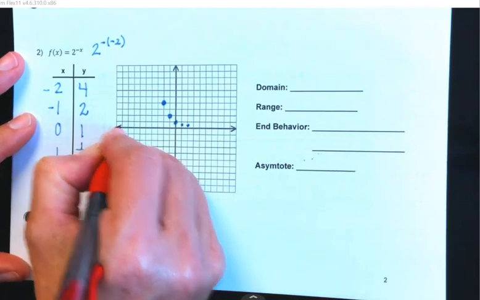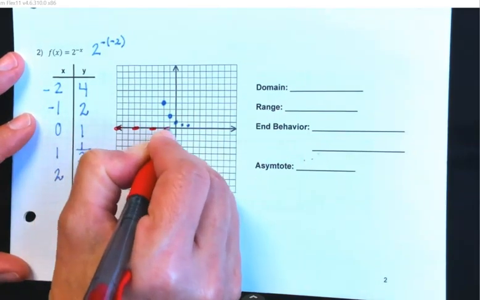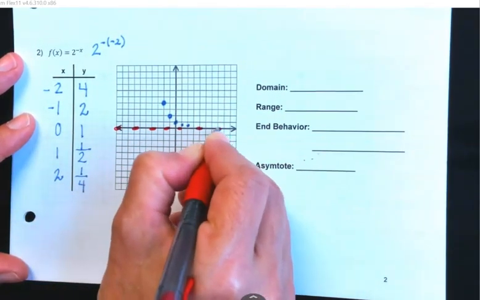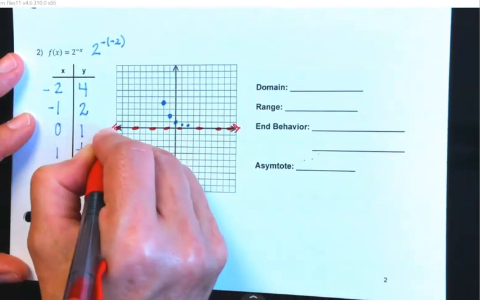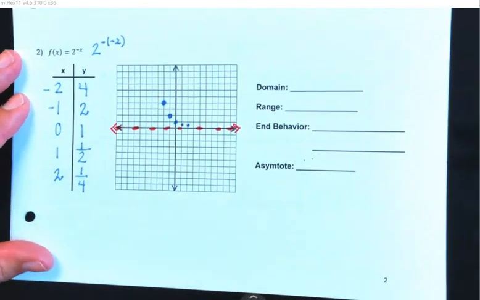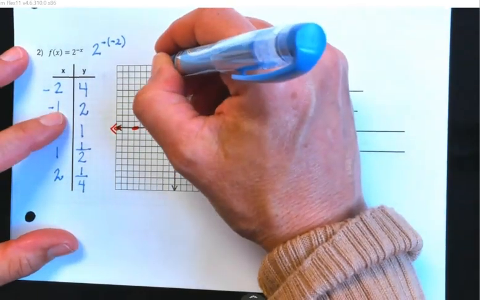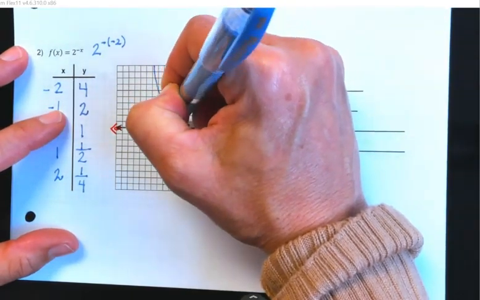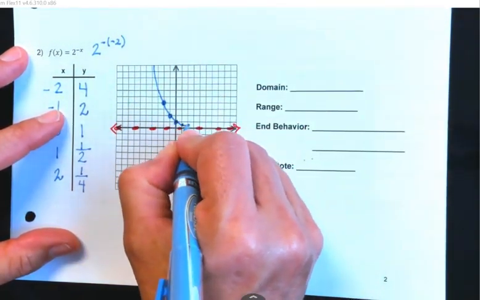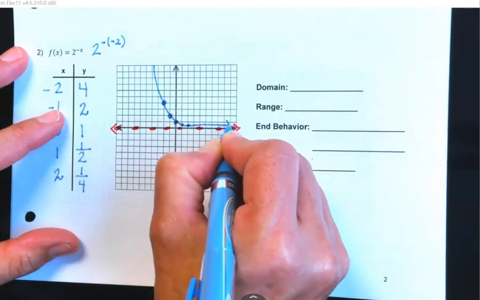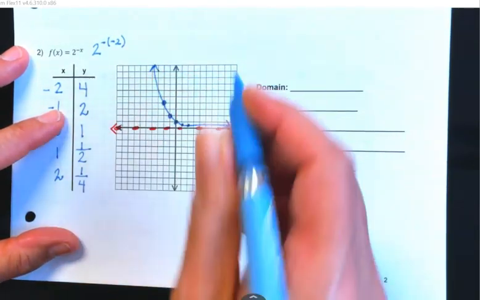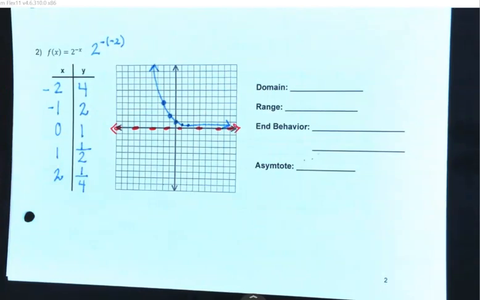And then before I draw my curve, guys, I do go ahead and plot the asymptote. It kind of makes it a little easier for me not to drop below that line. So there we are.